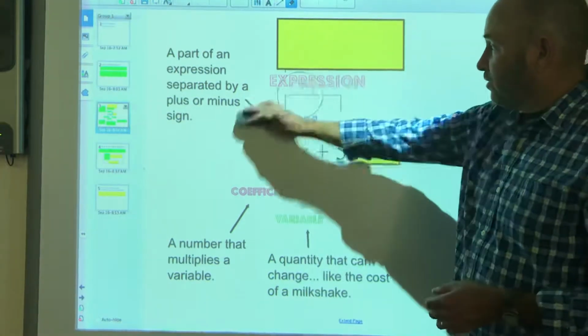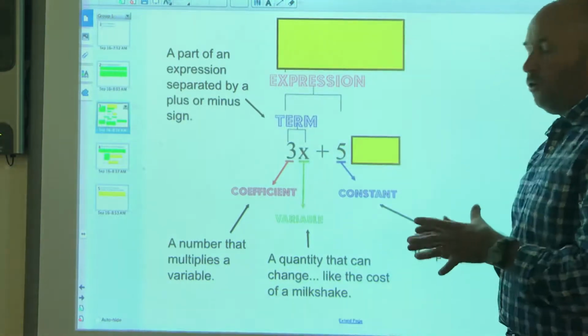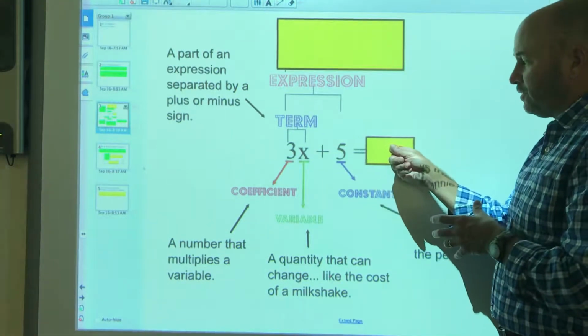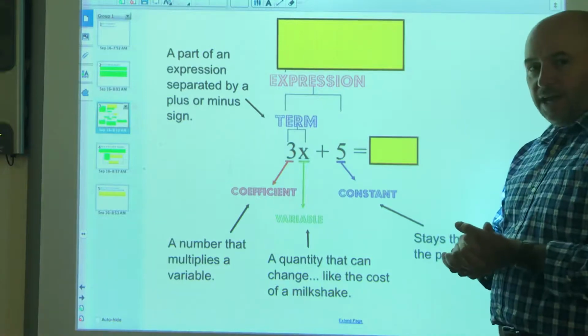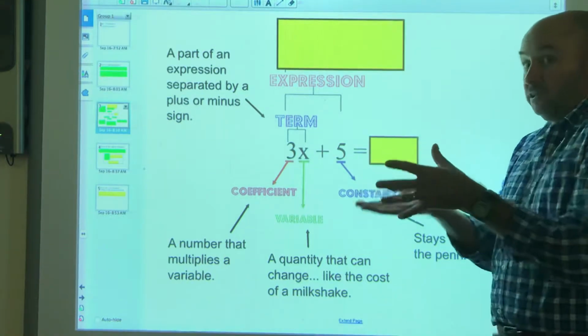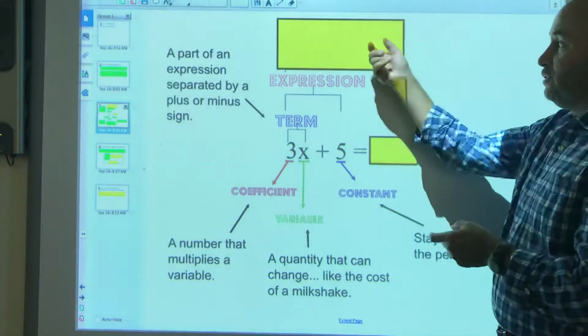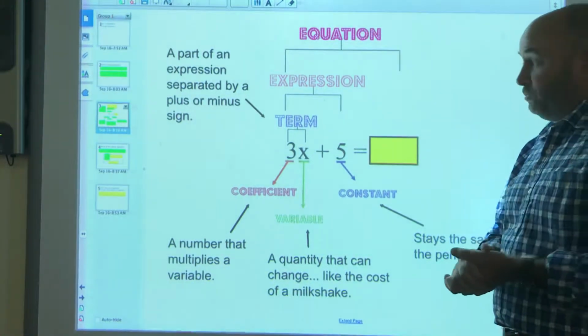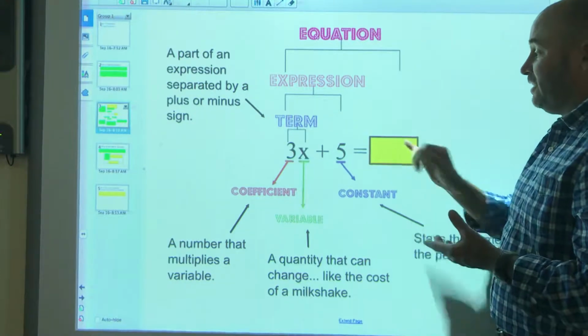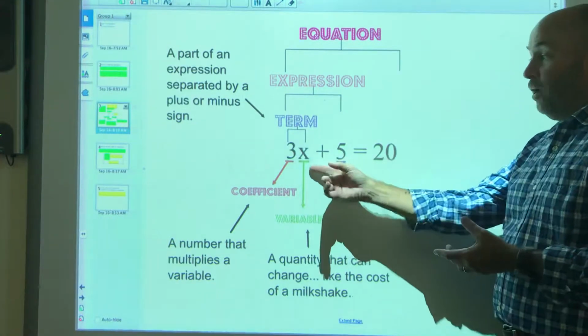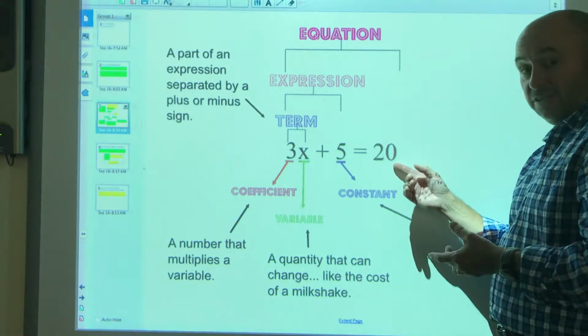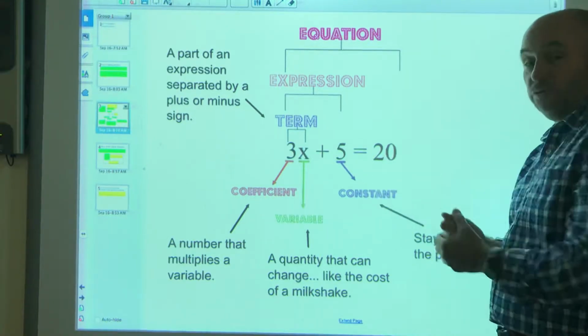Now, together, if we were to throw in an equal sign, there would be an implication that we want to solve or find the value of that expression, okay? And in that case, we are going for an equation, okay? And in this case, they tell us that one side and the other side, they both equal 20.